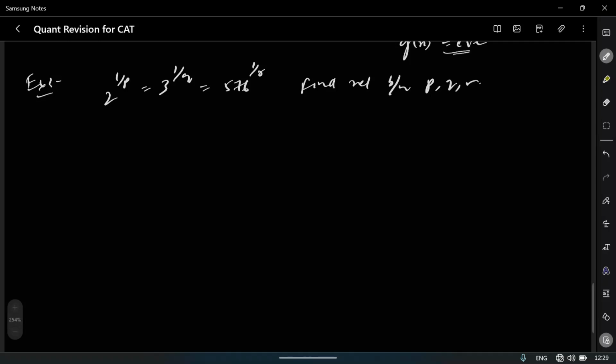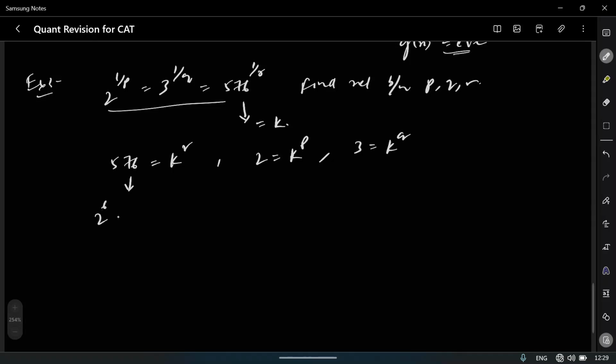So how are we going to solve this? Since it is given in this way, equate all these three to something called k. So 576 equals k power r, and from this 2 equals k power p, and 3 equals k power q. 576 equals 2 power 6 into 3 square, which equals k power r.